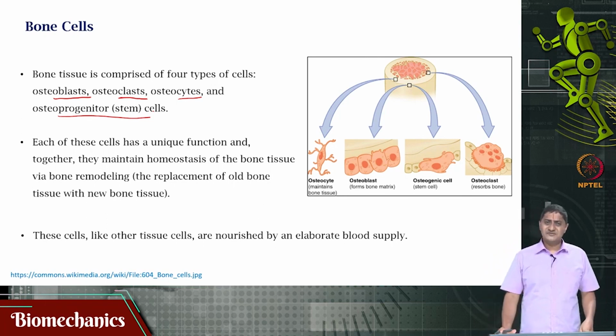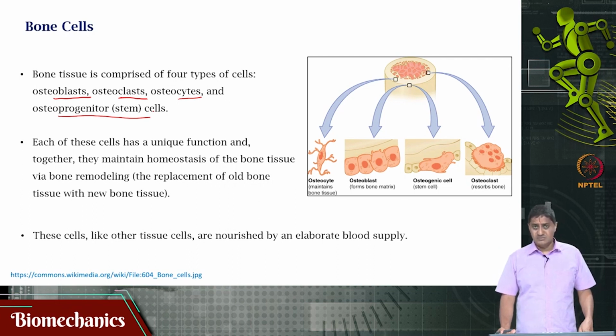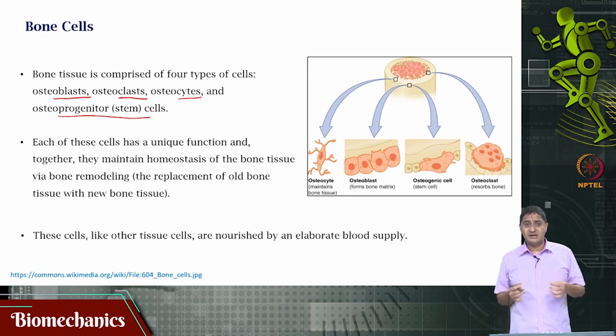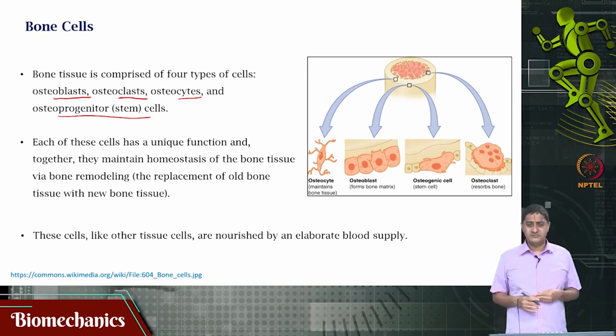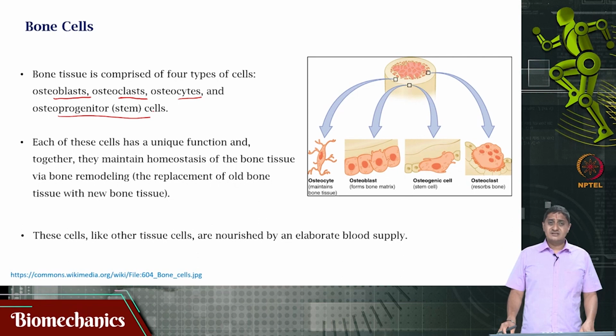These 4 types of cells, each of them have a unique function, and together they function together to maintain the homeostasis of the bone via remodeling of the bone, replacement of old bone tissue with a new bone tissue. Remember what is homeostasis. If you still do not know what is homeostasis, please check what is homeostasis. And all of these cells are nourished by blood supply.